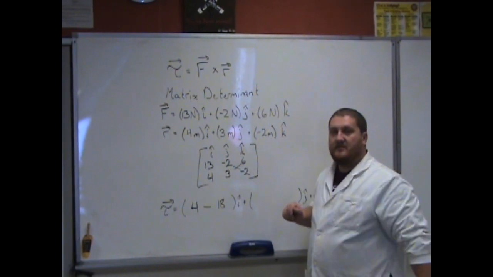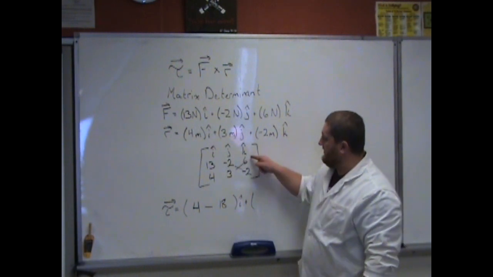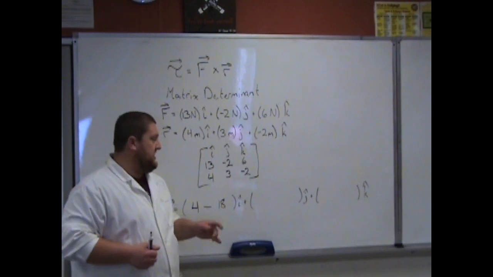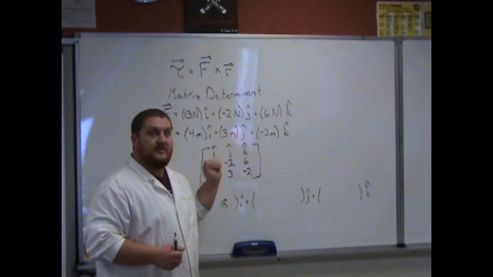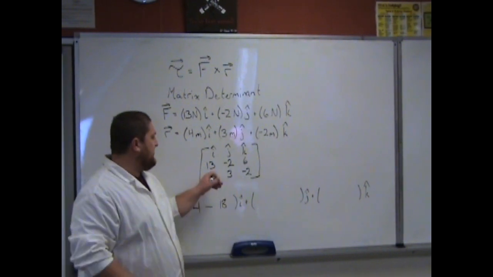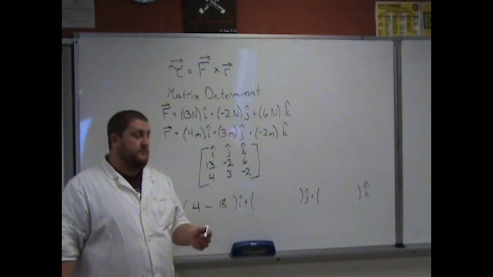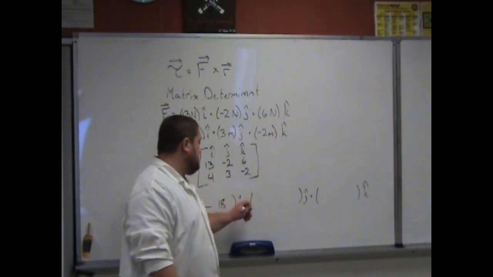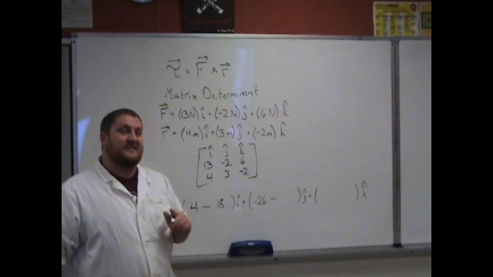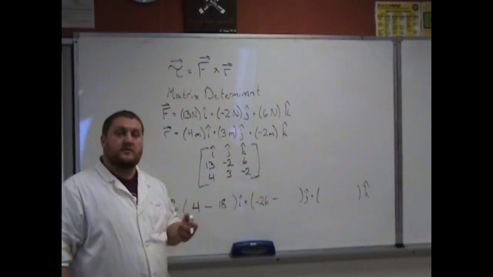I multiply these values together and subtract the multiplication of the next two values. We're going to use the same steps to solve for j. I cover everything in the column with j and the row with j. I do my crisscross again. In this case, I have 13 times -2, which would be -26. And I subtract the opposite corners multiplied. 6 times 4 would be 24.